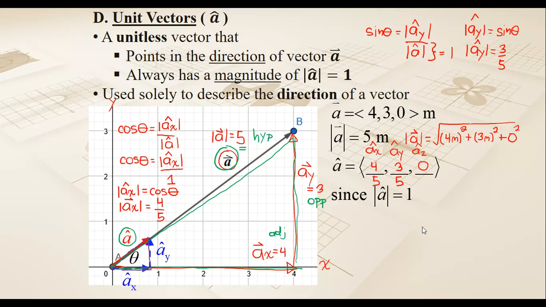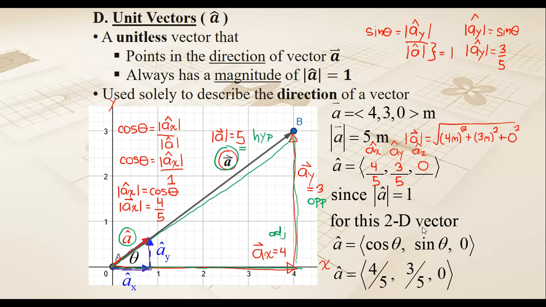Just a reminder, a unit vector has a magnitude equal to 1. For this two-dimensional vector, the x component of the unit vector was cos of theta, the y component is sine of theta, and the z component was 0. If we write this down correctly, we have a hat equal to, as an ordered triple, 4 over 5, 3 over 5, and 0.